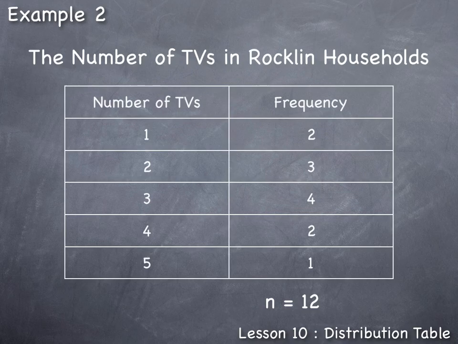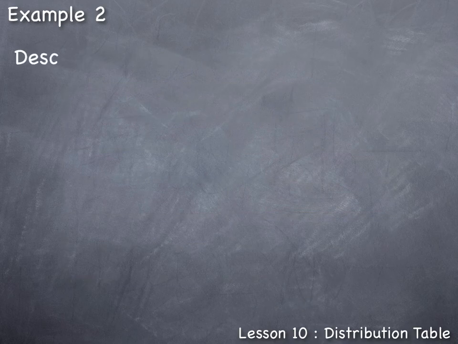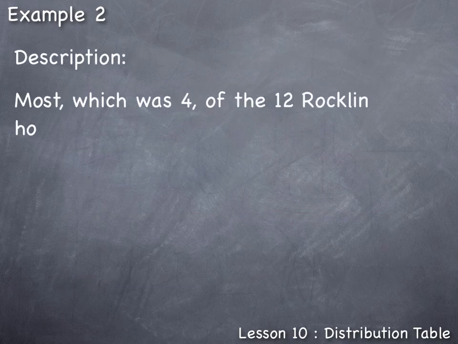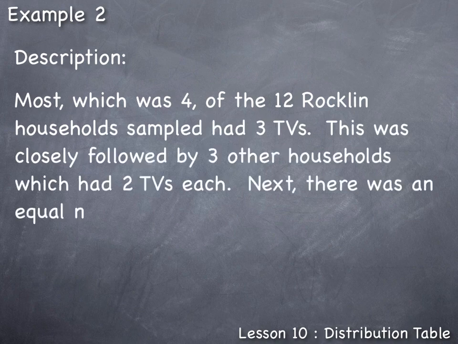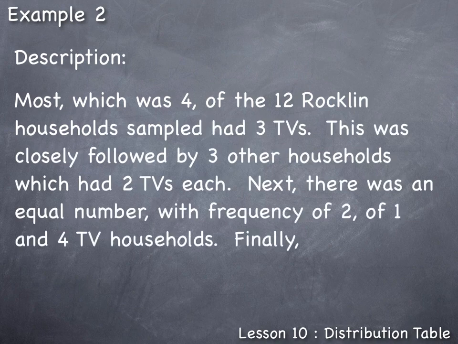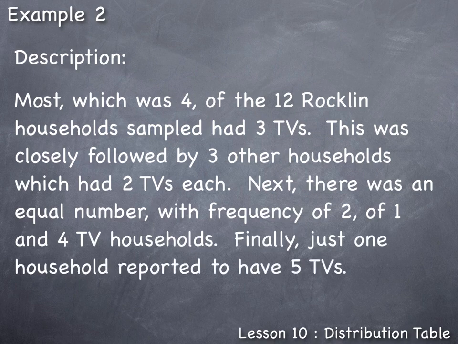So putting this all together in words of the problem, we can find this description. Most, which was 4, of the 12 Rockland households sampled had 3 TVs. This was closely followed by 3 other households which had 2 TVs each. Next, there was an equal number with frequency of 2 of 1 and 4 TV households. Finally, just 1 household reported to have 5 TVs.